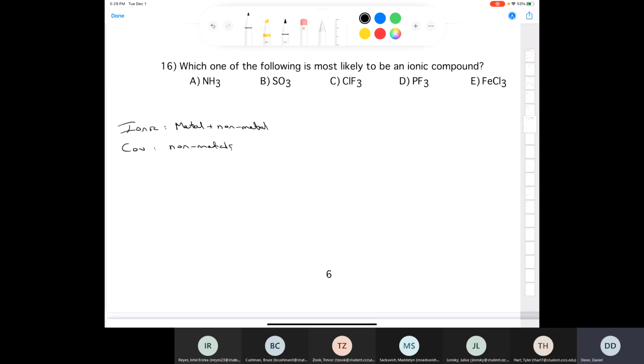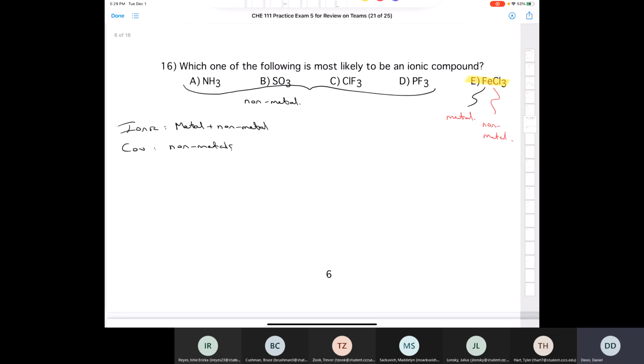If I look at ammonia, sulfur trioxide, chlorine trifluoride, and phosphorus trifluoride, these are all non-metals. Everything in here is a non-metal, right? Iron, on the other hand, is a metal, right? And chlorine is a non-metal. And so the only compound here that's going to be ionic would be iron 3 chloride or ferric chloride. Either way you want to name it is fine by me.